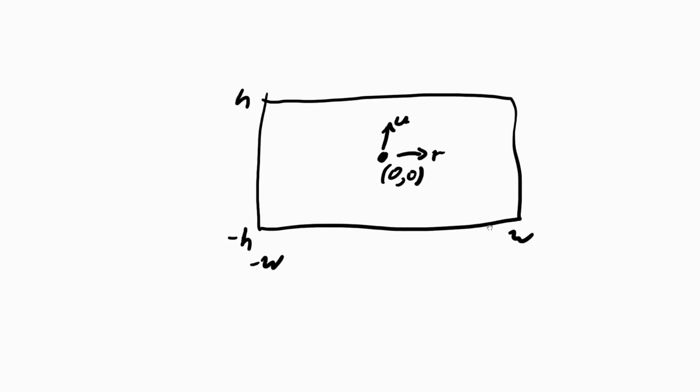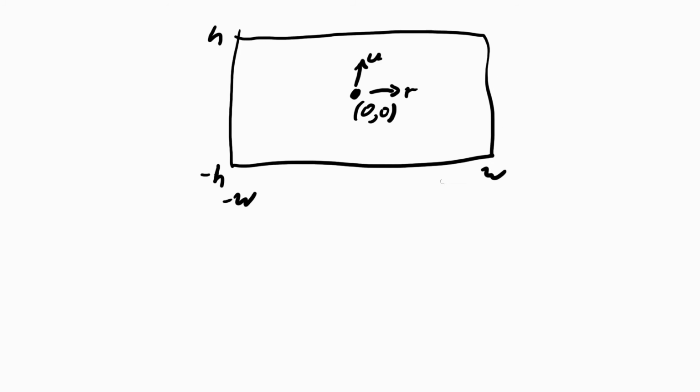But this means that if we have, say, alpha u plus beta r to represent a point on the surface, alpha can vary from negative h to h, and beta can vary from negative w to w. And now we've got these ranges that alpha and beta can vary between.